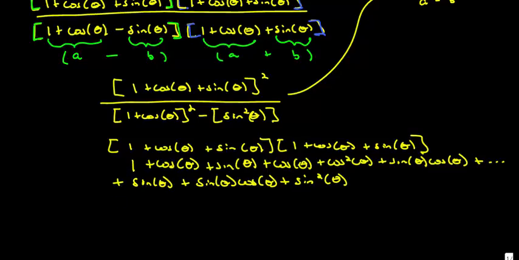So here's what I've got. I've got 1. Again, this is just the top. I've got 1 plus 2 cosines. So let's start crossing things off when I use them. Then I've got sine, and there's another sine floating around, so 2 sines.